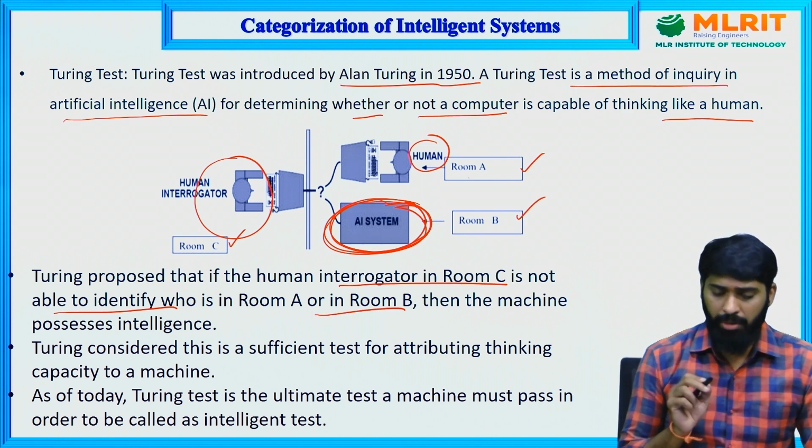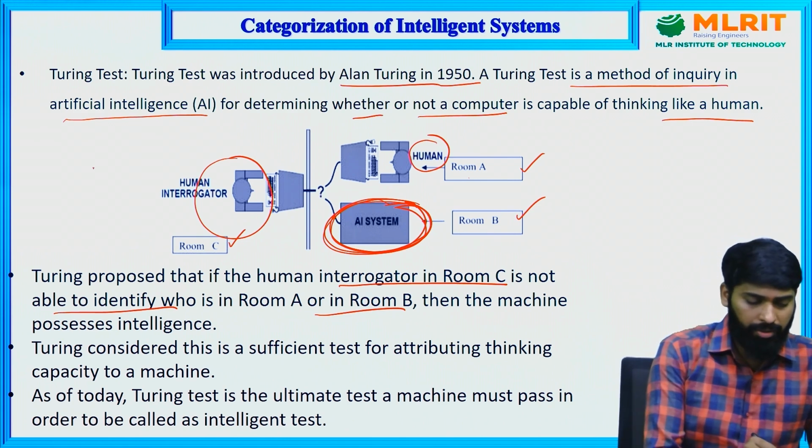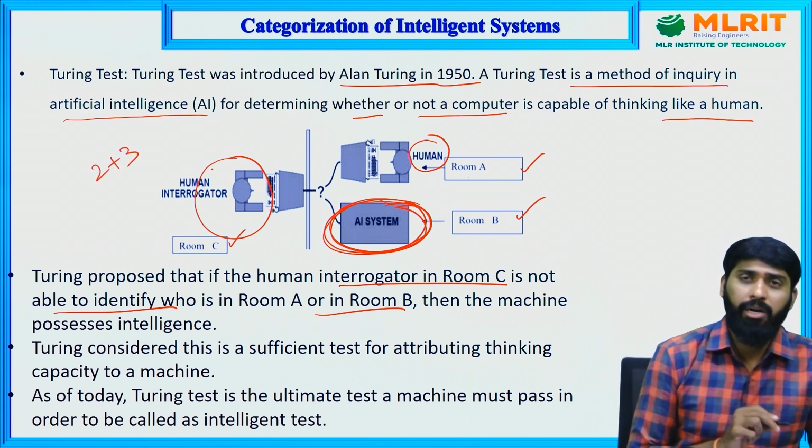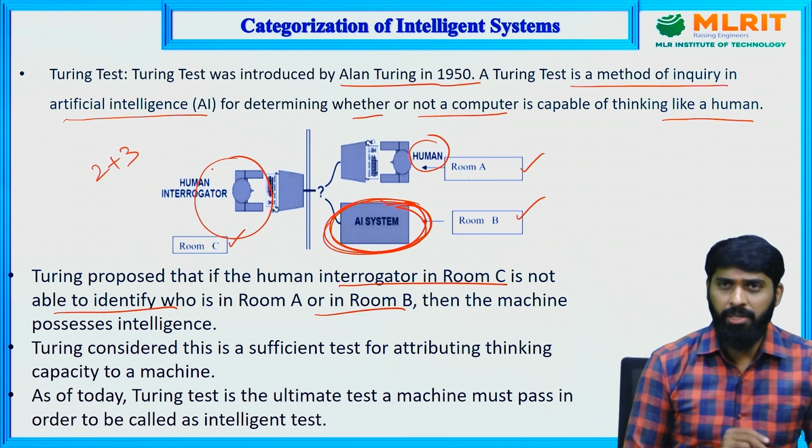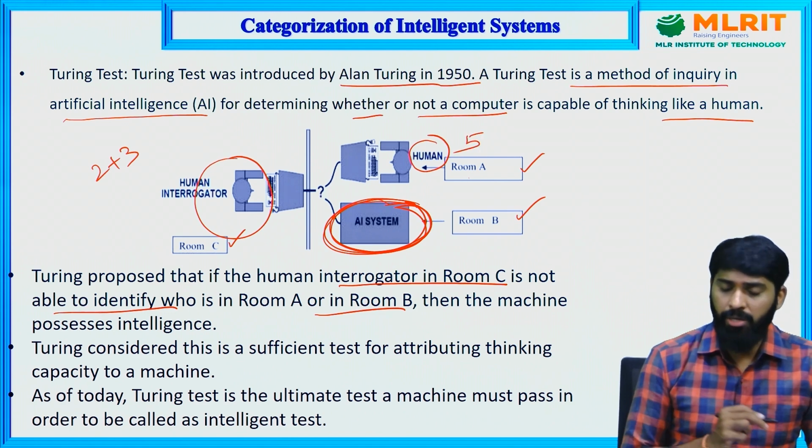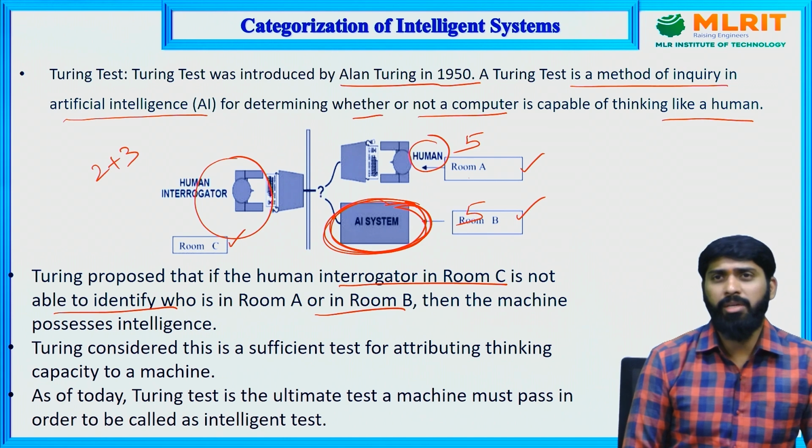For example, consider I give the input 2 plus 3. The interrogator gives a problem, 2 plus 3. Now the human will give the answer 5, and similarly the AI system also gives the answer 5.